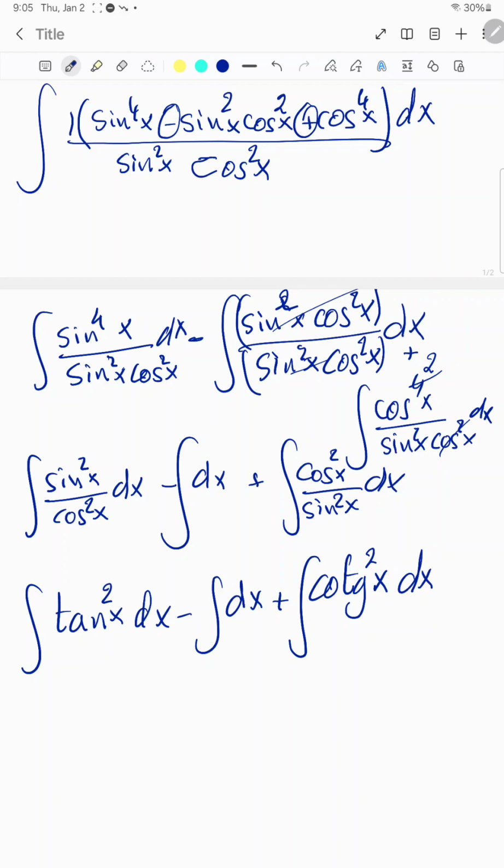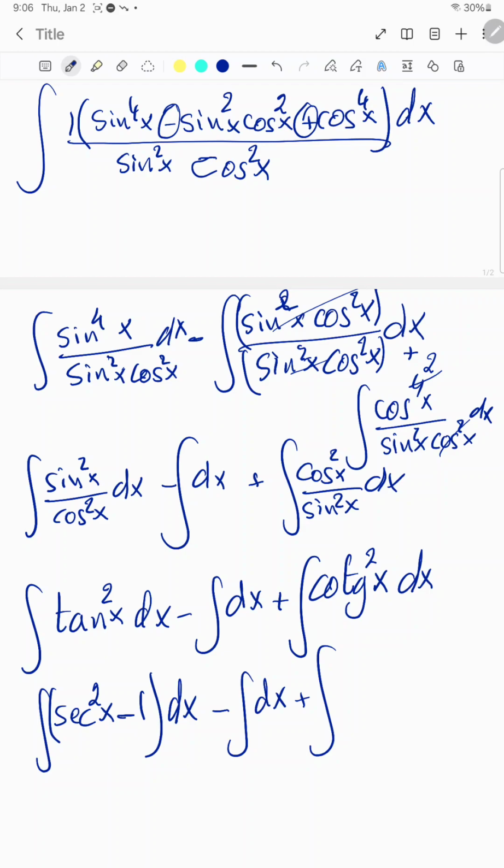Now there is a trigonometric identity formula that says tan square of x is equal to sec square of x minus 1. So I will replace this by the integral of sec square of x minus 1, all dx, minus the integral of dx plus the integral of cotangent square of x. I can replace cotangent square of x by cosec square of x minus 1 dx.